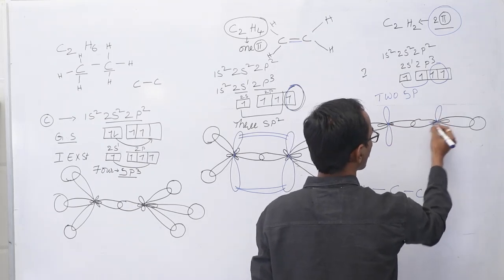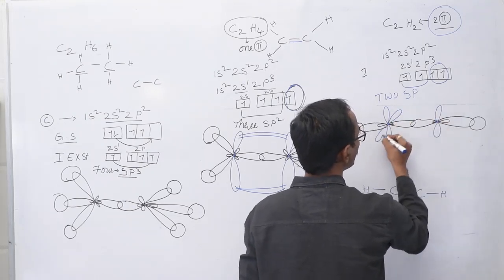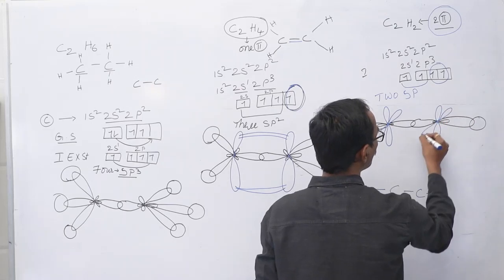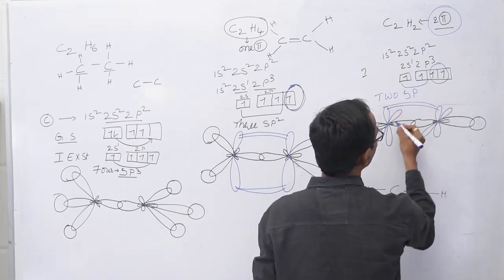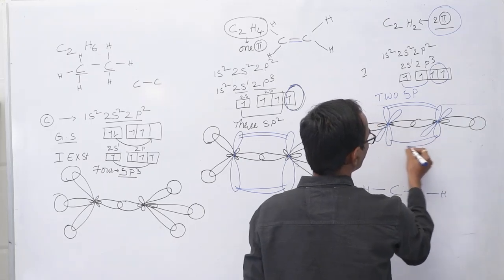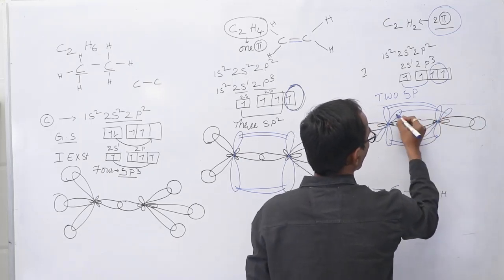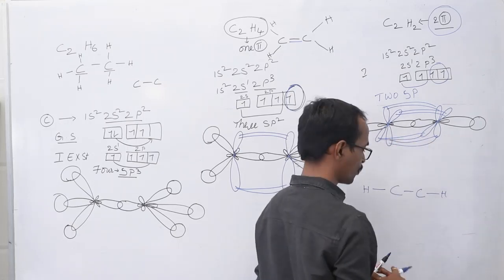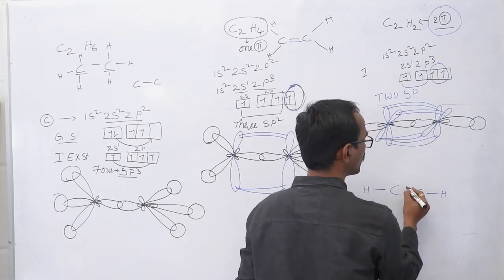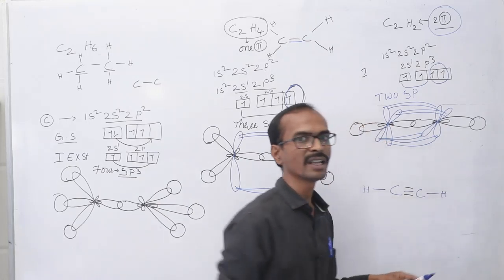The pure p orbitals overlap in the sideways fashion to form 2 pi bonds. Like this, the acetylene molecule is having 2 pi bonds. This is the structure of the acetylene molecule.